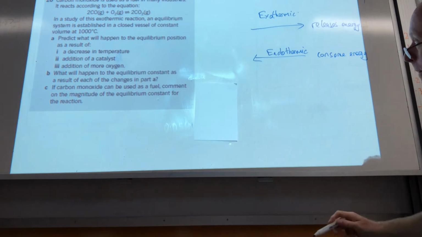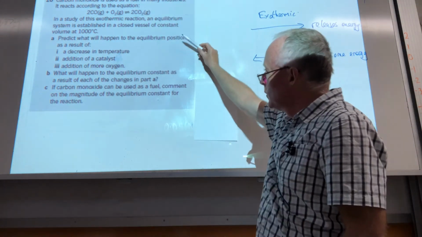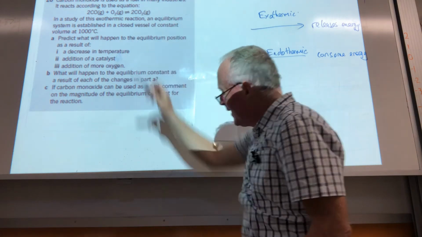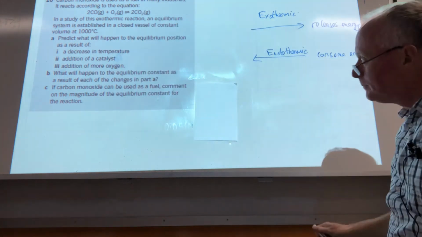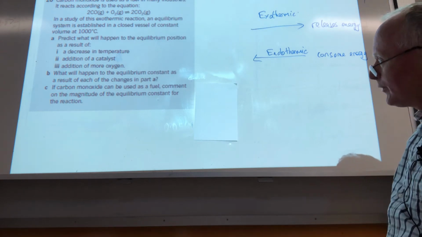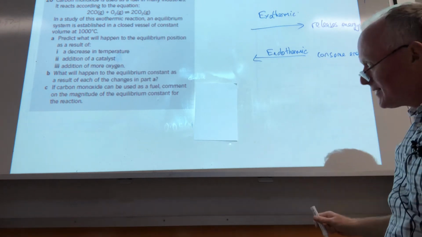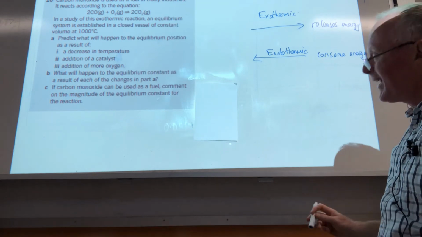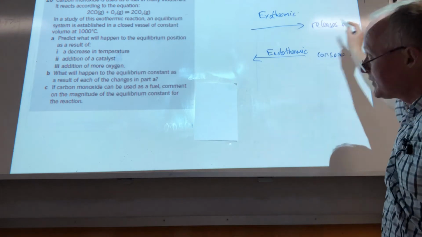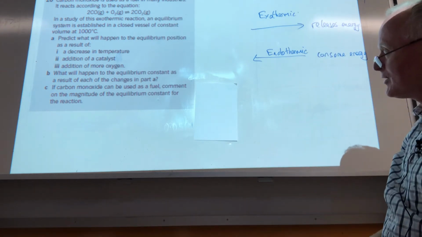Now, what's going to happen to the equilibrium if we do something? Well, if we decrease the temperature, the reaction's going to want to do the opposite. So if we decrease it, it's going to want to move in the direction that increases the temperature. And increasing the temperature, of course, is what an exothermic reaction does.